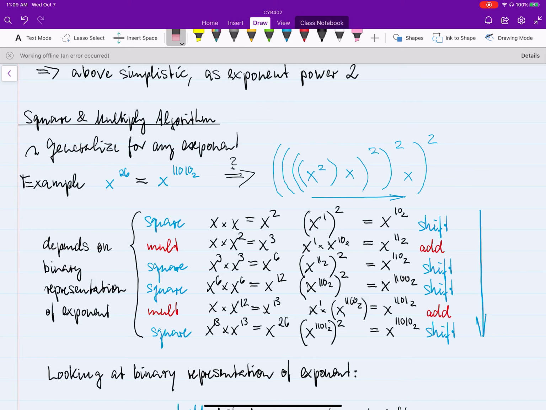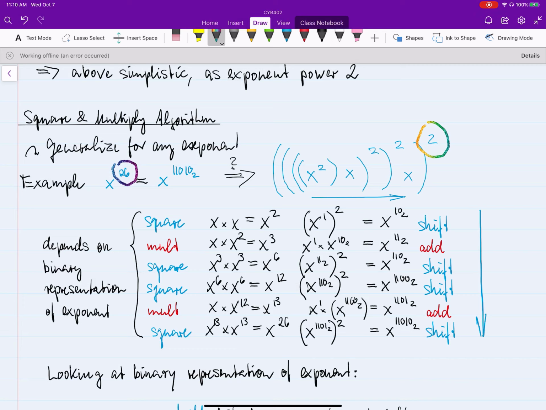And then we multiply x to the 12th times x, which is x to the 13. And then we square x to the 13, which means that the exponent is being doubled, which is x to the 26.